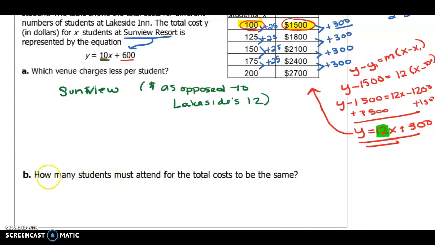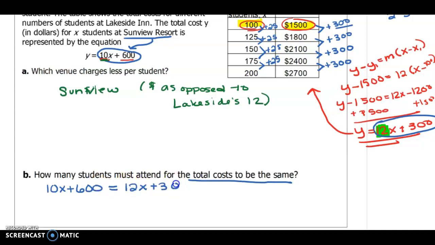On part B, it says how many students must attend for the total cost to be the same. Basically it's saying, when is this equation the same as this equation? We can simply plug that in. So when is 10x plus 600 equal to 12x plus 300? Minus 10x on both sides, I get 600 equals 2x plus 300.